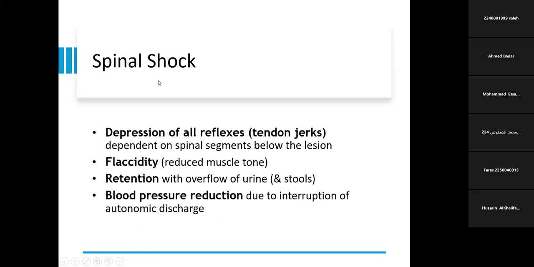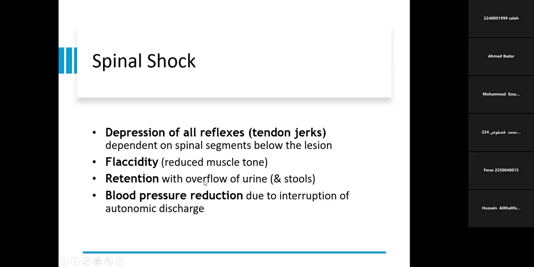What is spinal shock? It is depression of all reflexes dependent on the spinal segments below the lesion. Now see carefully. Now all the reflexes disappear for some time. Flaccidity, that is, tone is finished. Retention, that is, urine is not coming. Urine is in the bladder. It cannot come out.